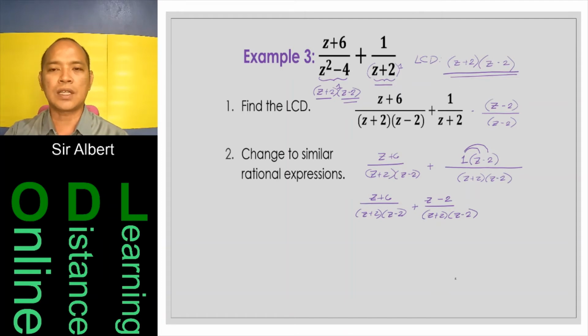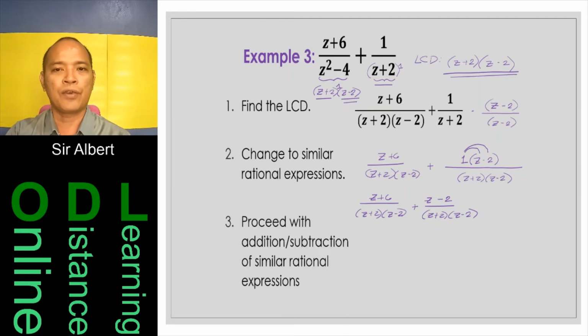You would see in this last expression that we now have denominators which are the same. So from here, we then proceed with addition or subtraction of similar rational expressions. That is, we operate with the numerators and copy the common denominator.